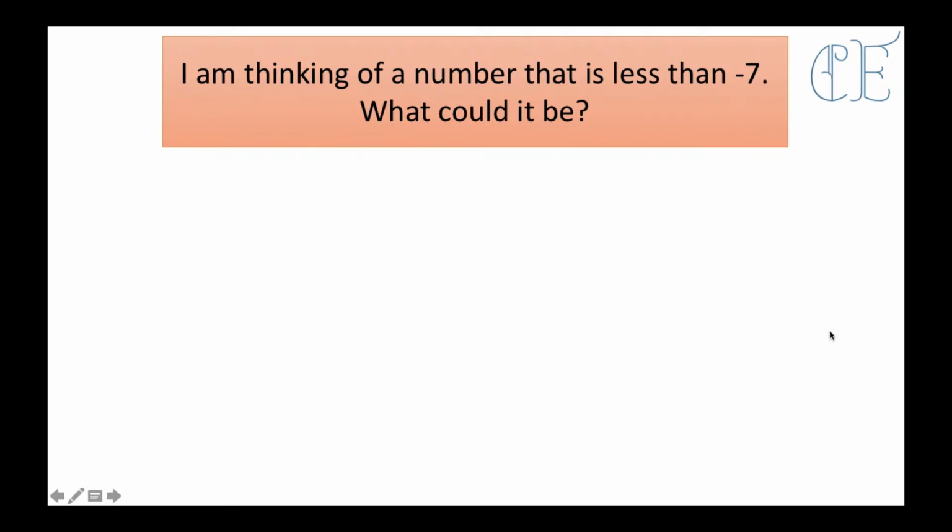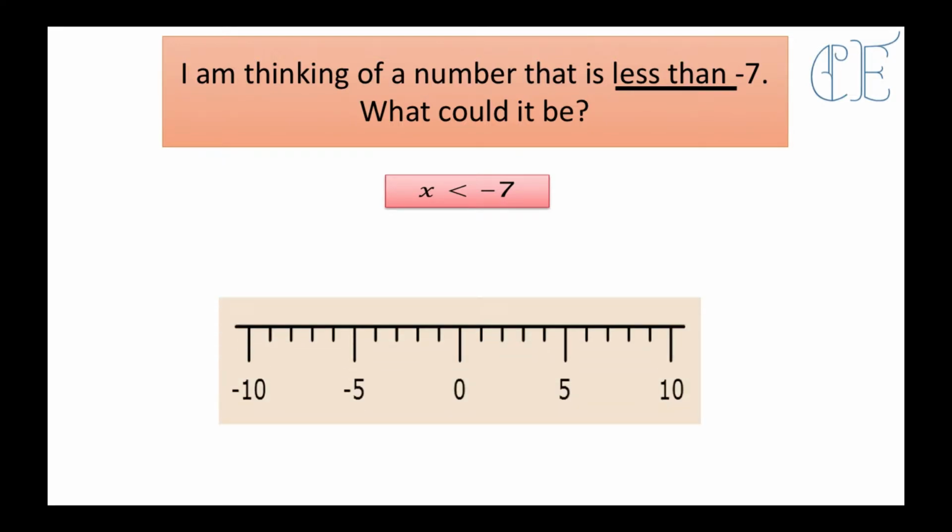I'm thinking of a number that is less than minus 7. What could it be? Okay, so x is less than minus 7. We take our number line, we circle minus 7. Now this time it's not coloured in because it's just less than, not less than or equal to. And we draw our line going towards the end of the number line.